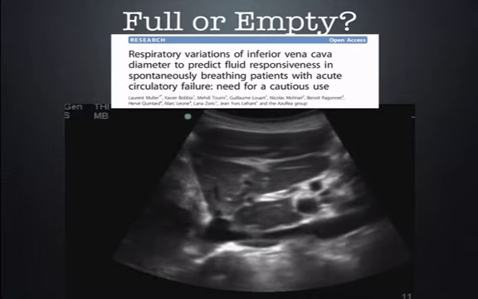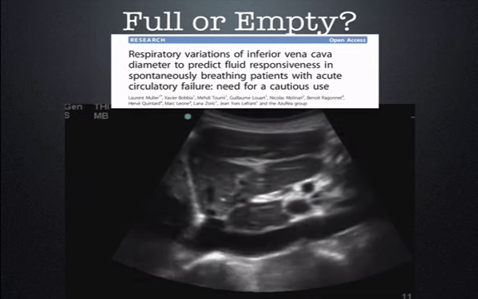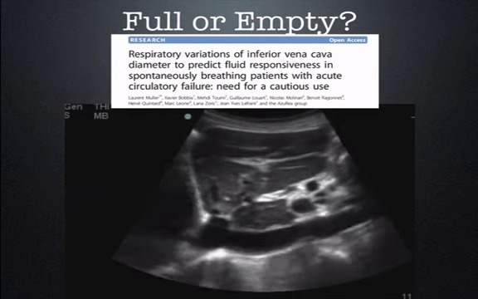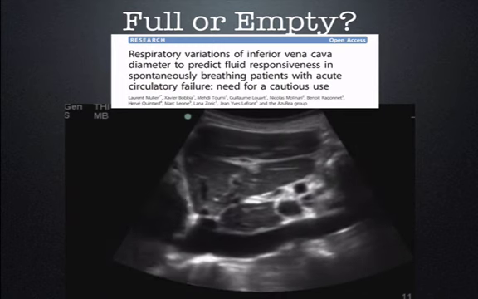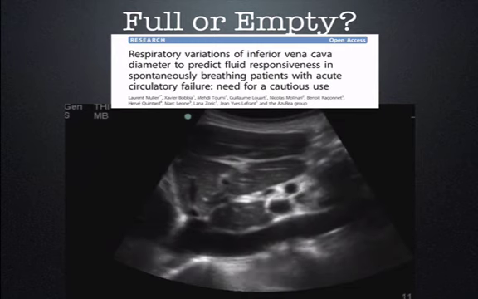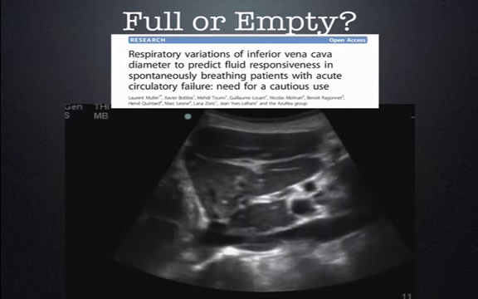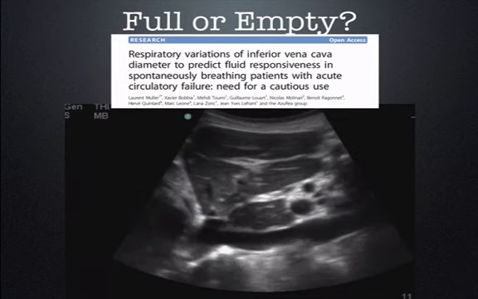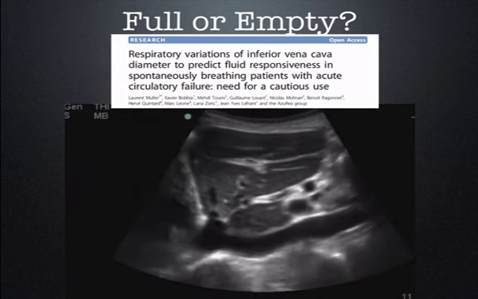Another study done in 2012 by Mueller and colleagues did a study not so much looking at comparing CVP to IVC collapse, rather they were looking at fluid responsiveness and IVC collapse. Fluid responsiveness meaning you get a fluid bolus, that increase in preload in turn increases your cardiac output or moves that patient up Starling's curve.